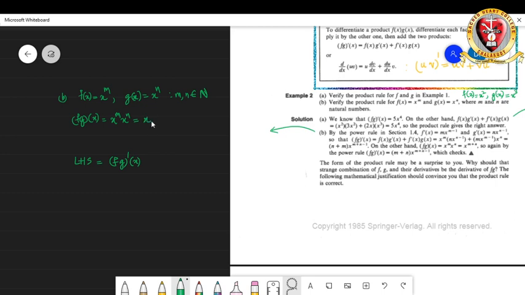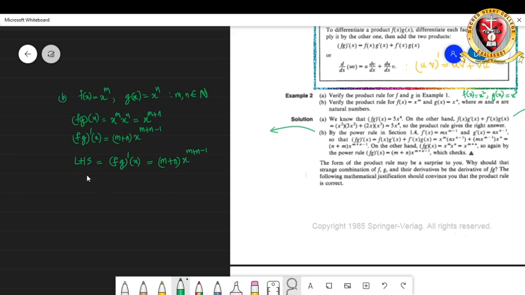So you get x raised to m plus n. And then fg the whole dash of x, by the rule d by dx of x raised to n is equal to n x raised to n minus 1, right? So here you will have m plus n into x raised to m plus n minus 1. So that will be (fg)'. So you have in the LHS m plus n into x raised to m plus n minus 1.